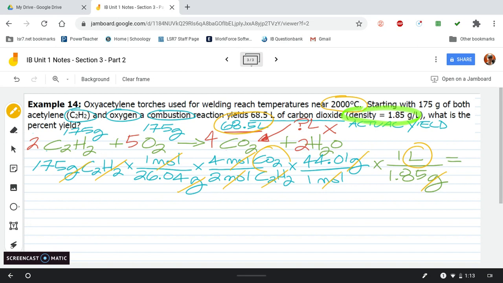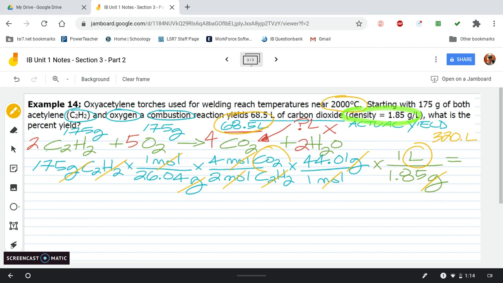I'm going to double check my math real quick. 175 divided by 26.04. Remember, I'm doing these as well as you, so I think I made a mistype there. Okay, so 3 sig figs, I'm going to go with 320 liters. So let's go ahead and put option 1 right here, 320 liters.